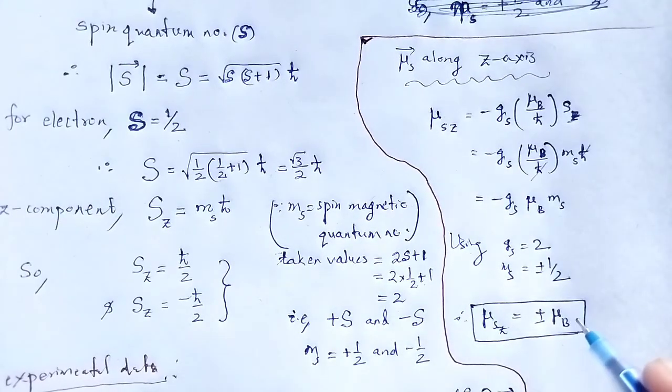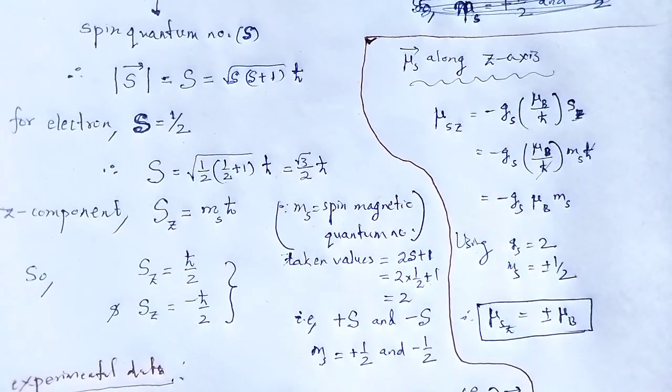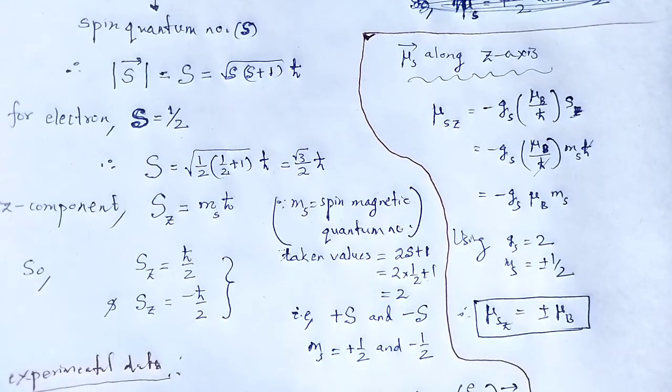The spinning electron concept proved to be successful in explaining the fine structure of spectral lines and also the anomalous Zeeman effect, which can be understood by using the spin concept of the electron.